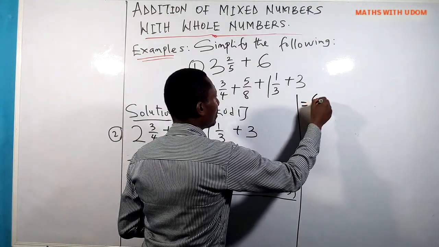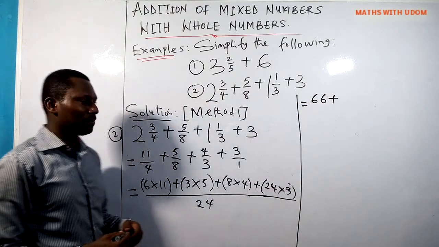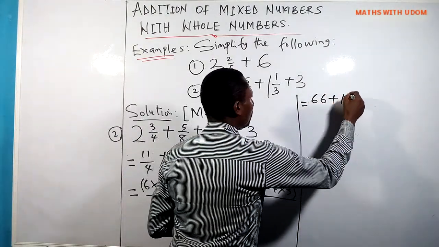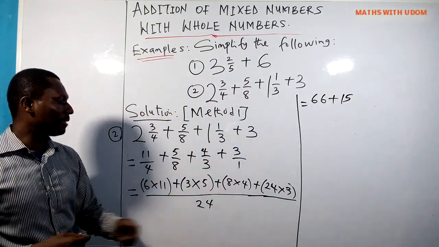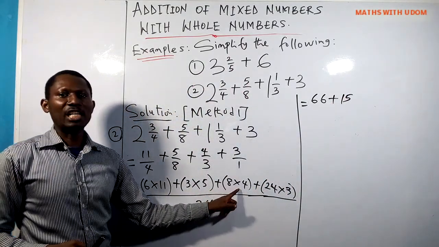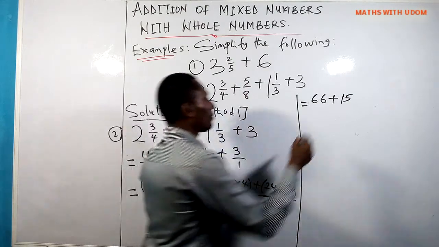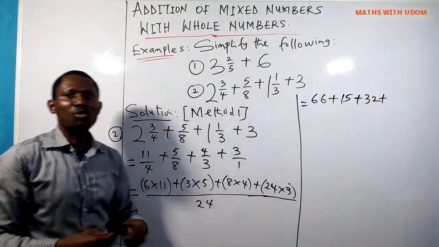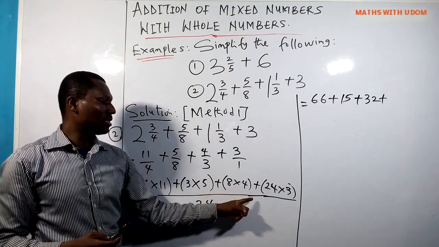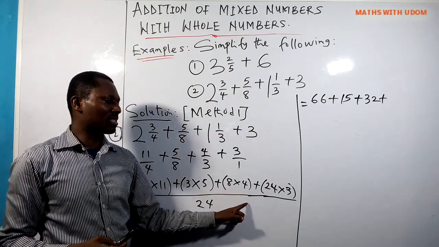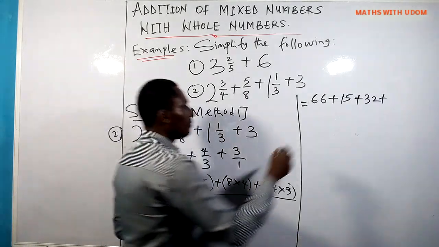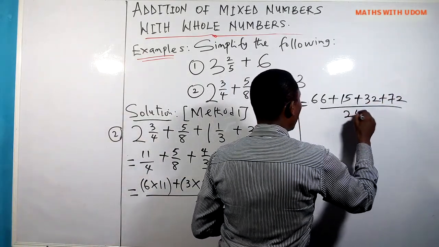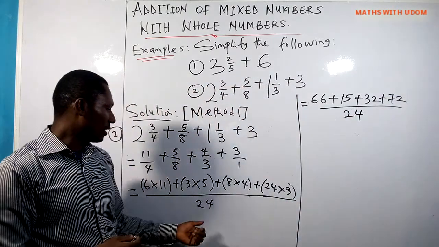So we write 66 plus 3 times 5, which gives us 15. Then 8 times 4 gives us 32. Plus, then 24 times 3 gives us 72. Everything divided by our denominator, 24.